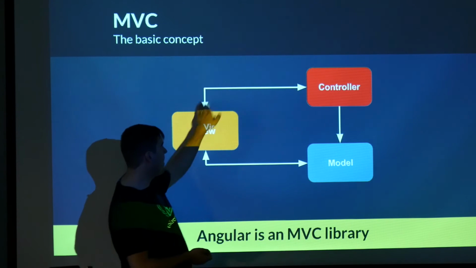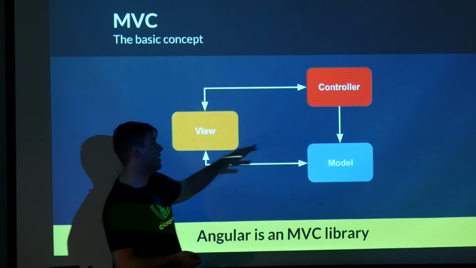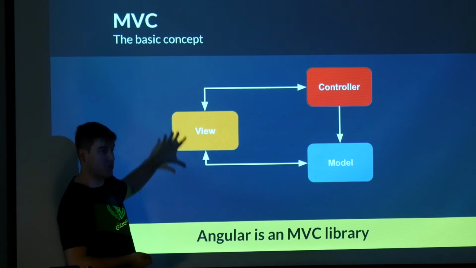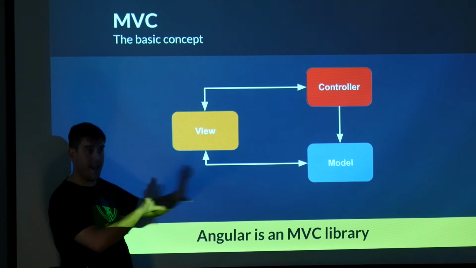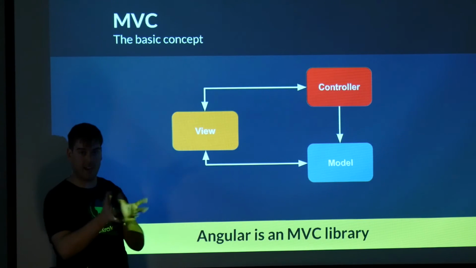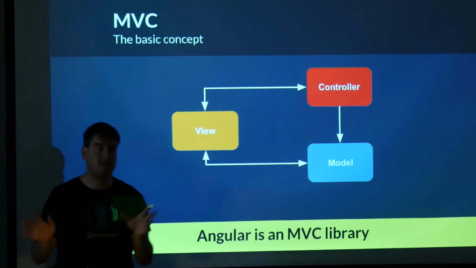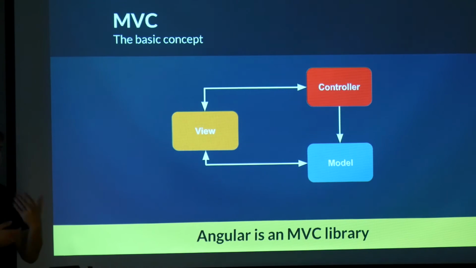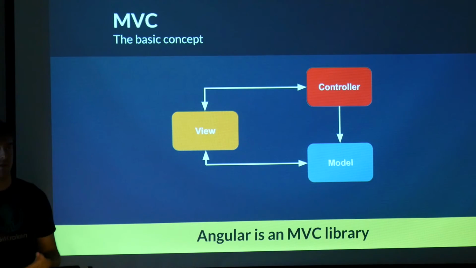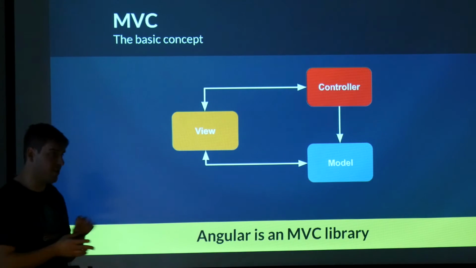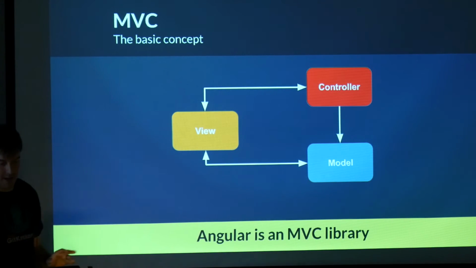And the reason there's another arrow going back from the controller is because the controller is able to swap views in and out of the user's kind of area. So you can have multiple views, and the controller can decide which ones are present for the users. And so this is the basic shape of an MVC library.